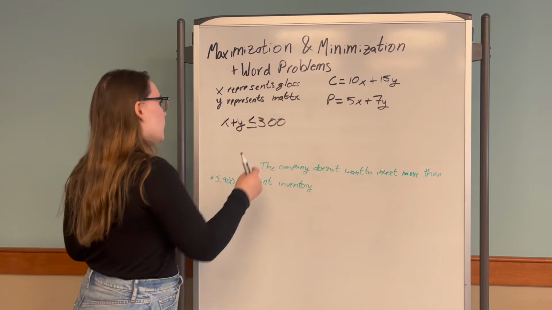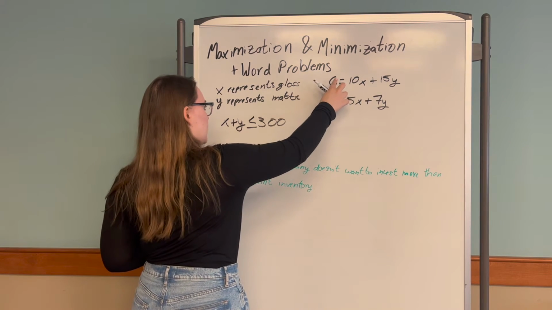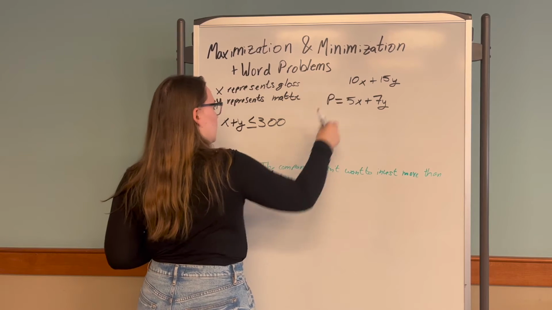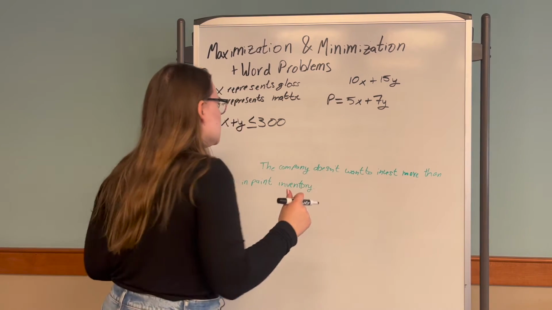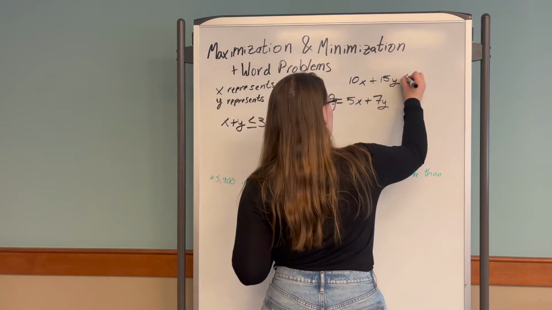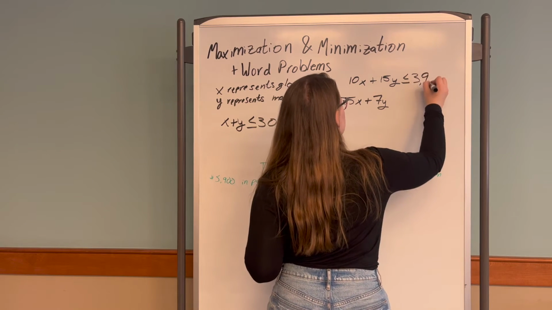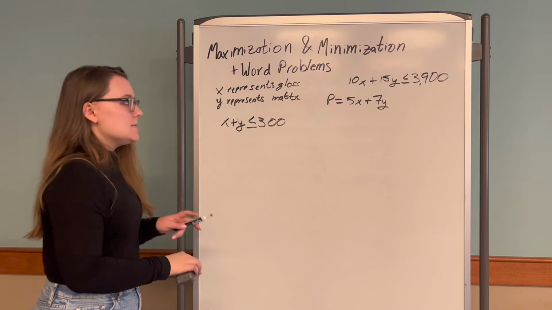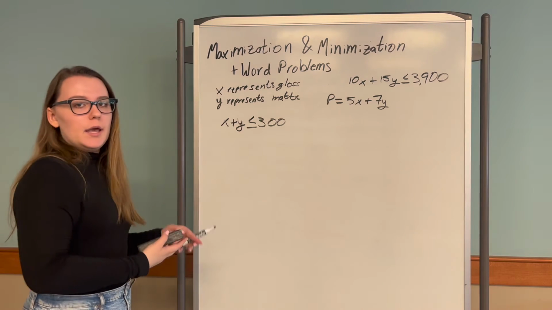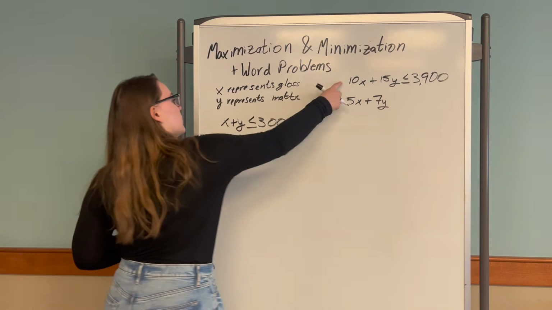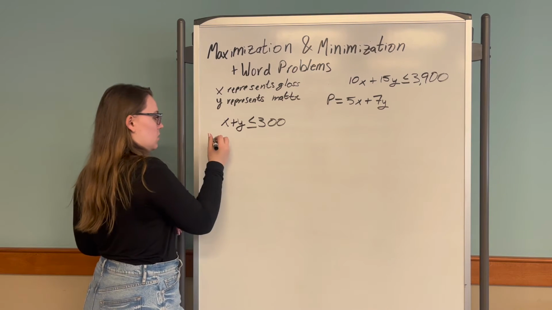So here we're going to alter our cost equation and say that 10x plus 15y is going to be less than or equal to 3,900, because that is the cost and they don't want to invest more than $3,900. First I'm going to move this equation over here just so we see them together.